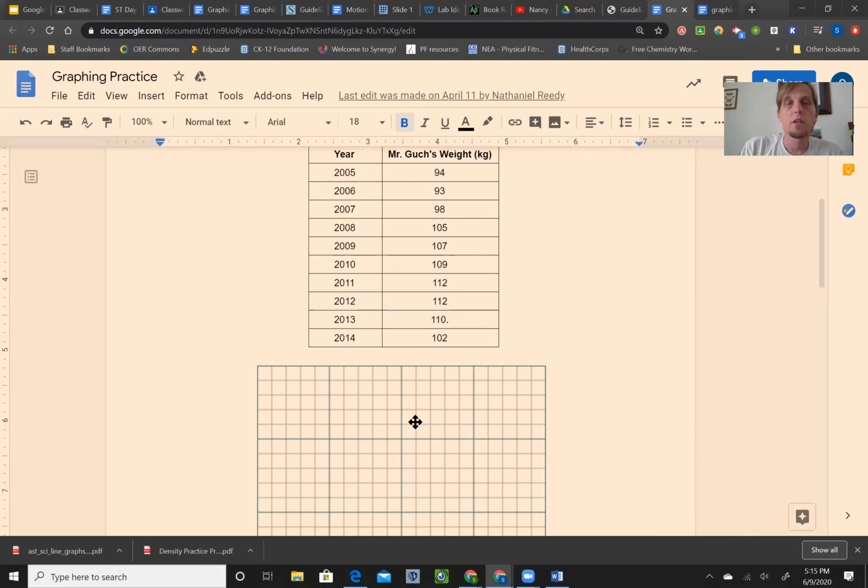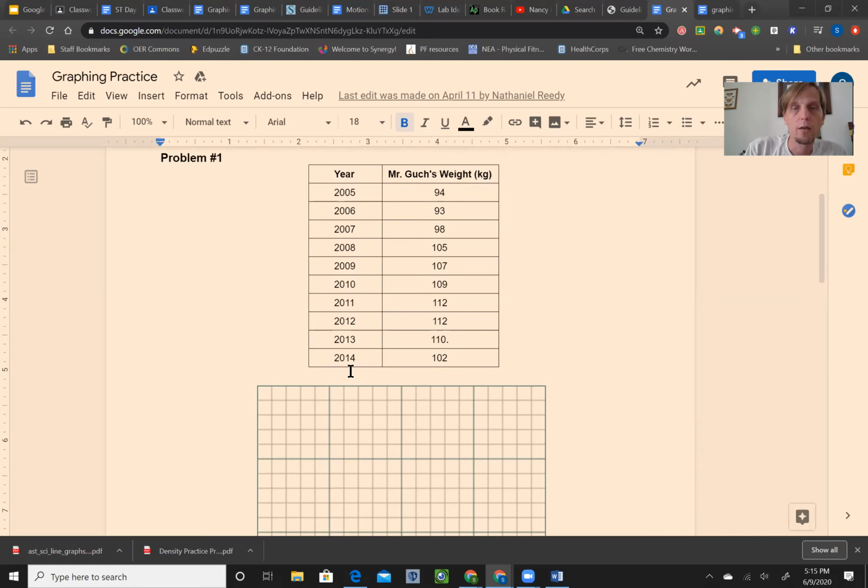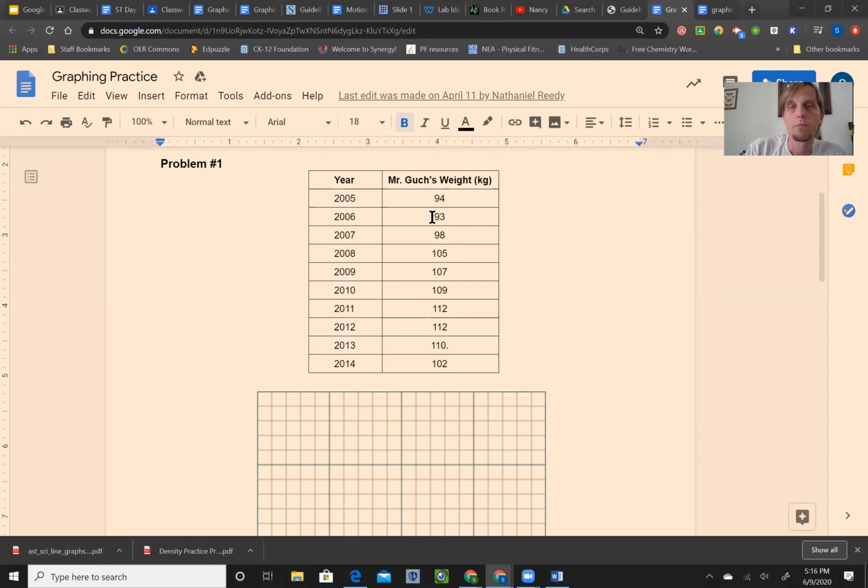So let's go with the year first. We have 2014 and 2005, the difference there. And then for Mr. Gooch's weight, on the dependent variable, the smallest value is 93, the largest value is 112.